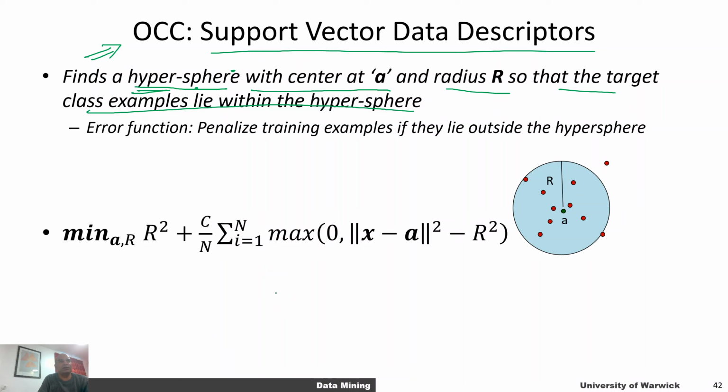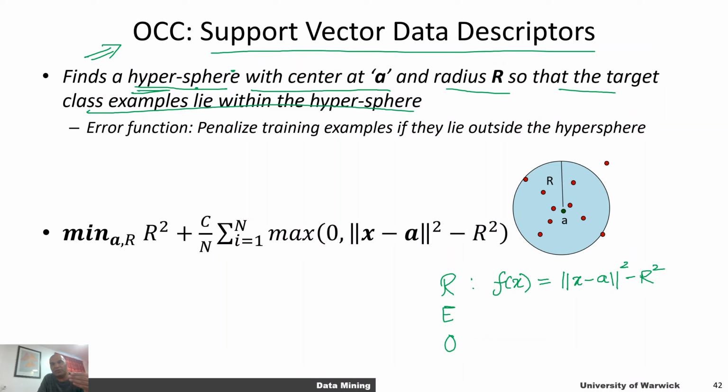If you break it down in terms of the representation, evaluation, and optimization principle, what we are looking for is a decision function that classifies a given test example. In the support vector data descriptor case, our representation is a bit different. We take the distance of that example from A, which is the center of the sphere that we are looking for, and we subtract it from the radius of that sphere.